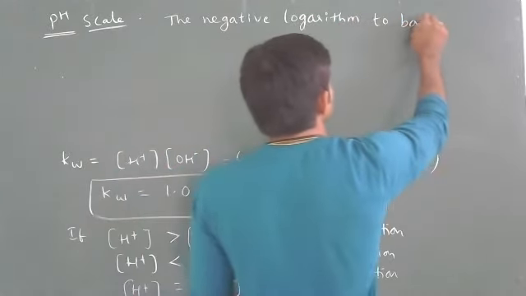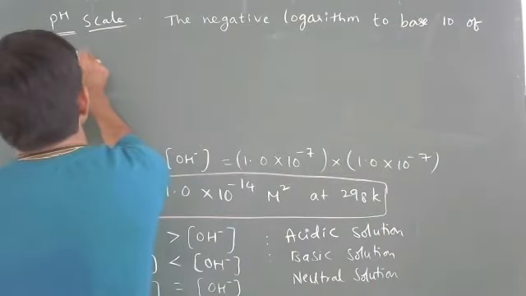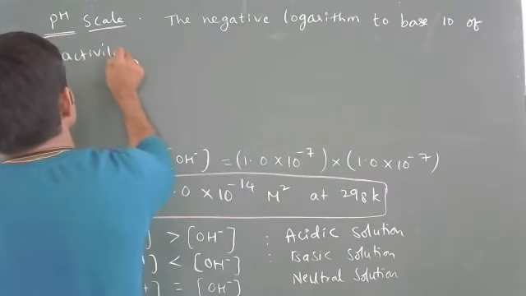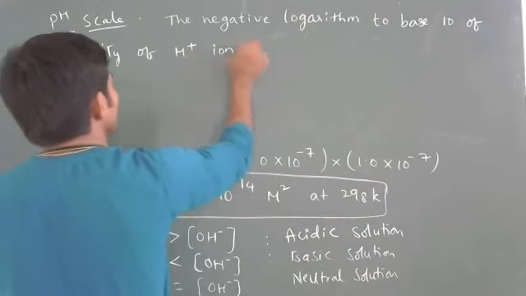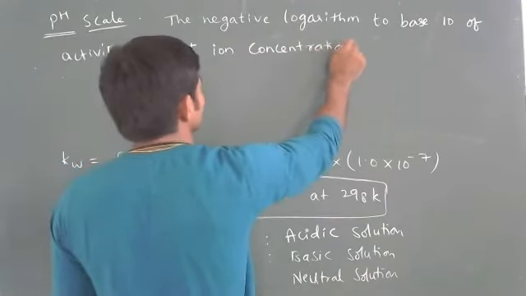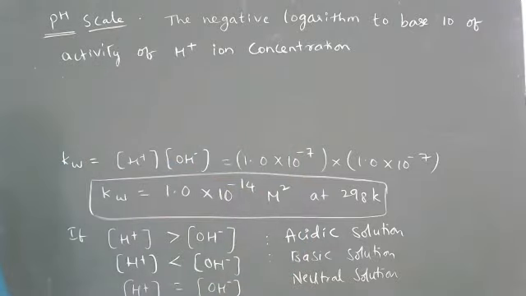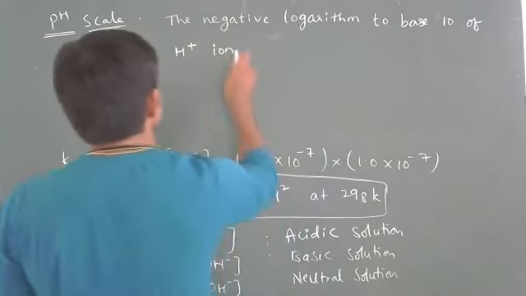The negative logarithm to base 10 of the activity of hydrogen ion. Concentration I will write later.